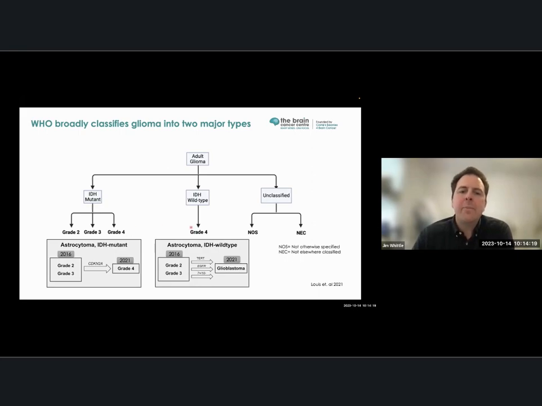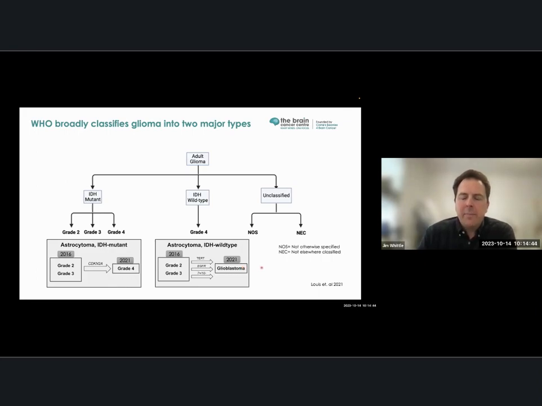And the other key update is for tumours which look low grade morphologically, but are IDH wild type, and have other features such as TERT promoter mutation, EGFR amplification, or chromosome changes with loss of 10 and gain of 7, are now upgraded to glioblastoma and treated as per that mechanism.